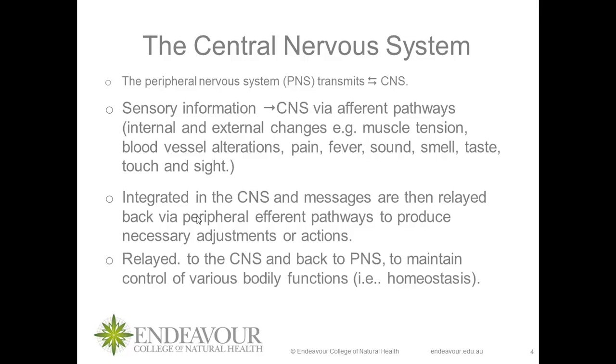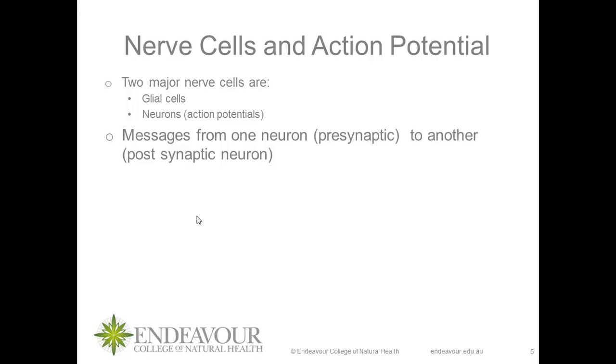So it's a relay, that's important, between the CNS and the PNS to maintain various bodily functions, to maintain homeostasis. So review neurons. Go back and review action potentials. Don't forget to look at the function of those support cells, the glial cells.